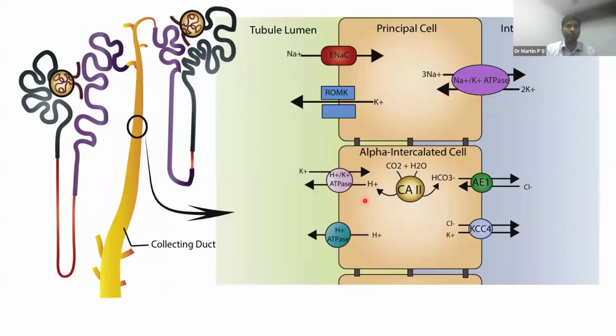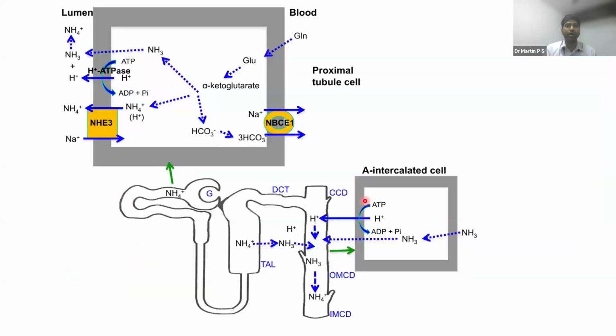One more thing that we have to know about is ammoniogenesis. This ammoniogenesis is an important step. This cell is the proximal tubular cell, and this is the alpha intercalated cell.